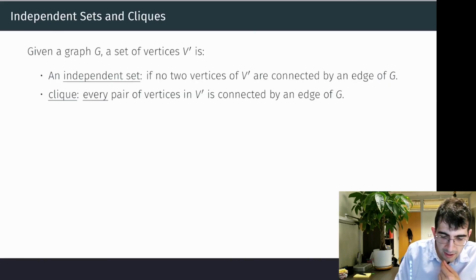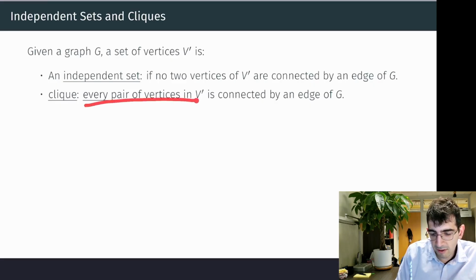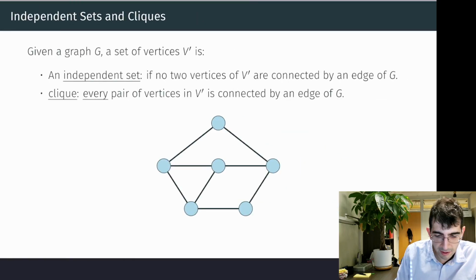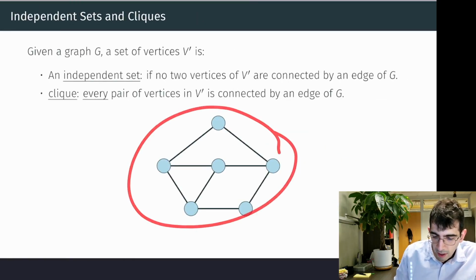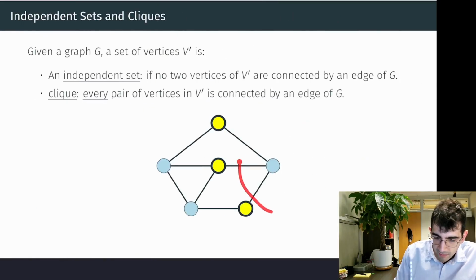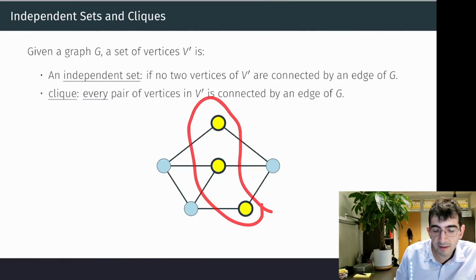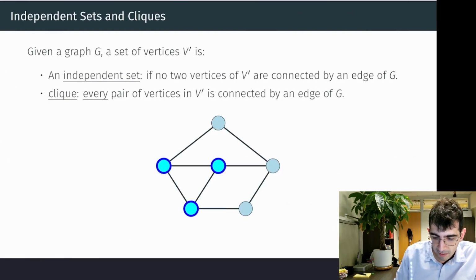And we define a clique, a subset of vertices V prime, as one where every pair of vertices in the subset is connected by an edge of G. Okay. So, for instance, in this graph right here, this would be an independent set, and this would be a clique.